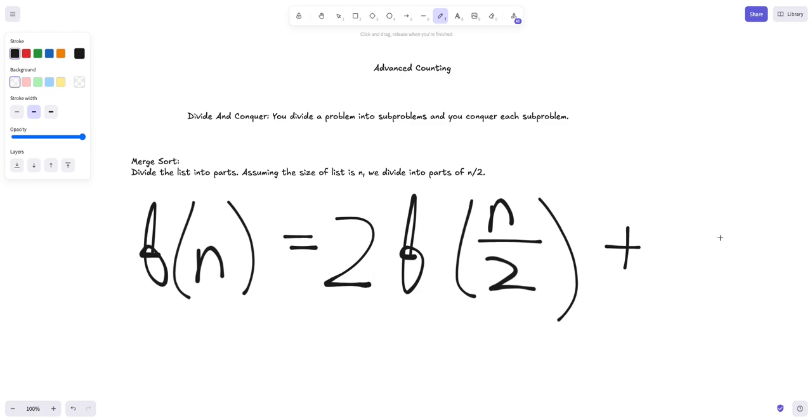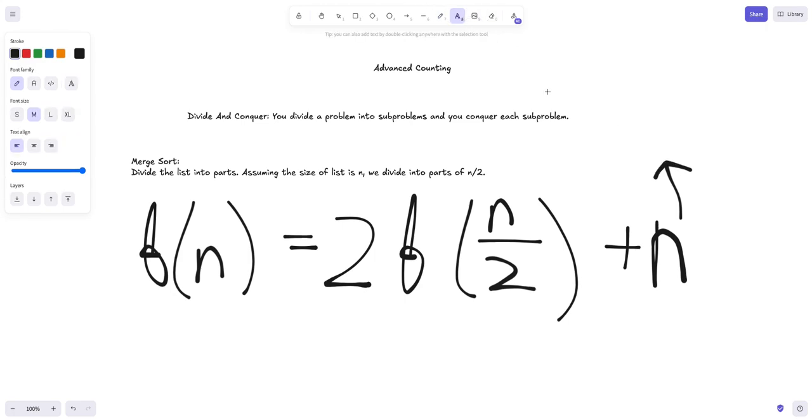And for the conquer part of the algorithm, we're going to have n here. This is because in a merge sort algorithm, we take n steps to combine two sorted lists.